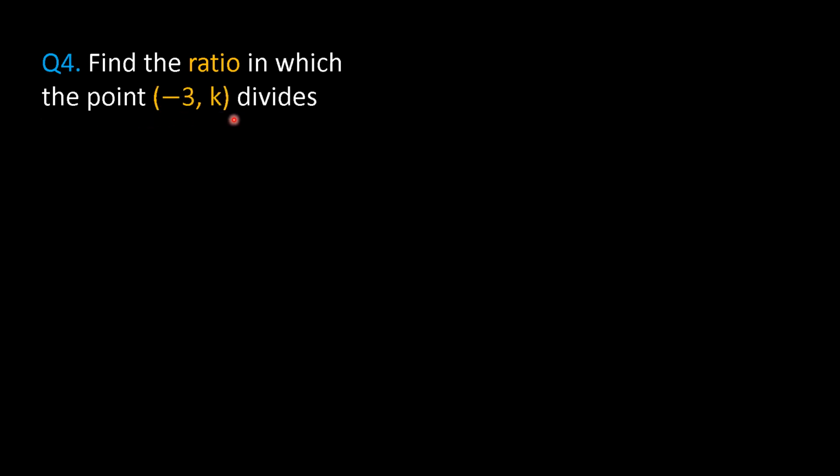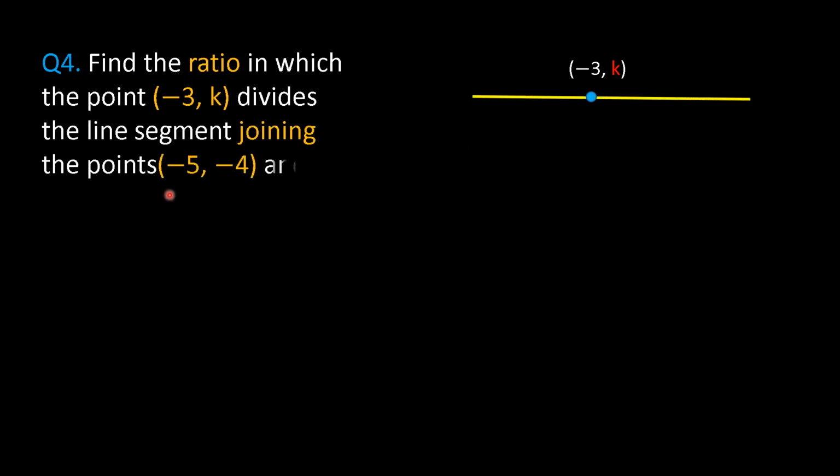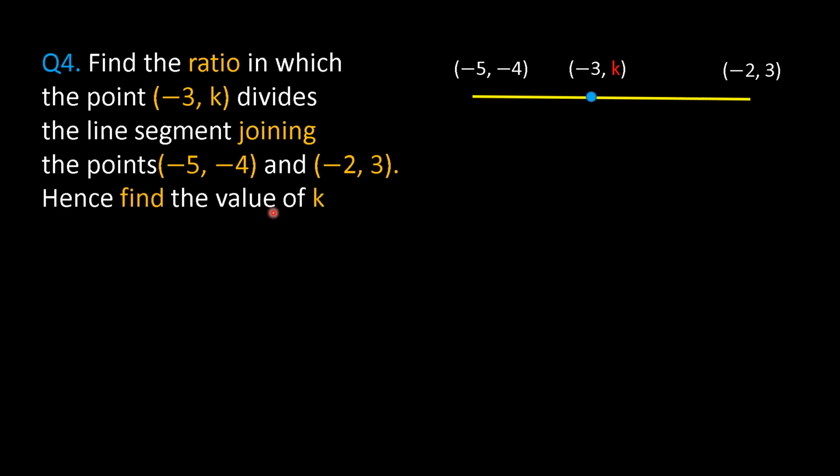In question 4, we have to find the ratio in which the point (minus 3, k) divides the line segment joining the points (minus 5, minus 4) and (minus 2, 3). Hence find the value of k.